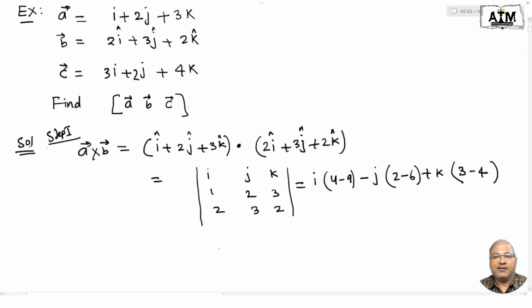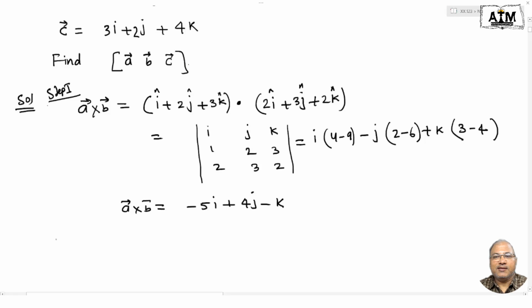So in step 1, we first find A cross B by using the determinant method. So we get A cross B equals minus 5i plus 4j minus k.